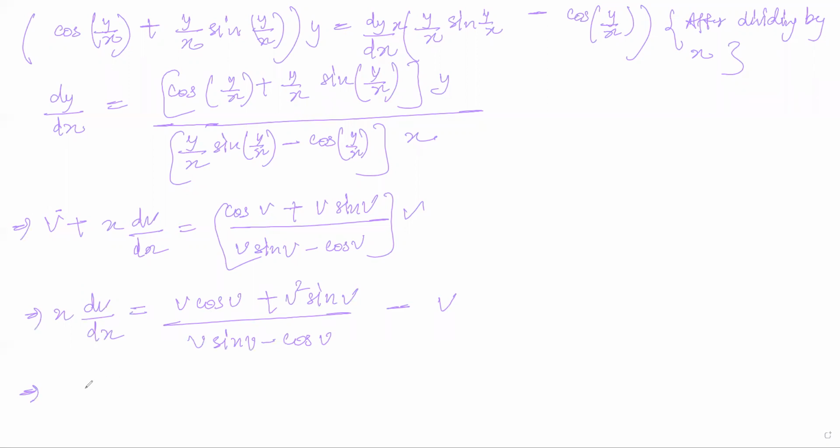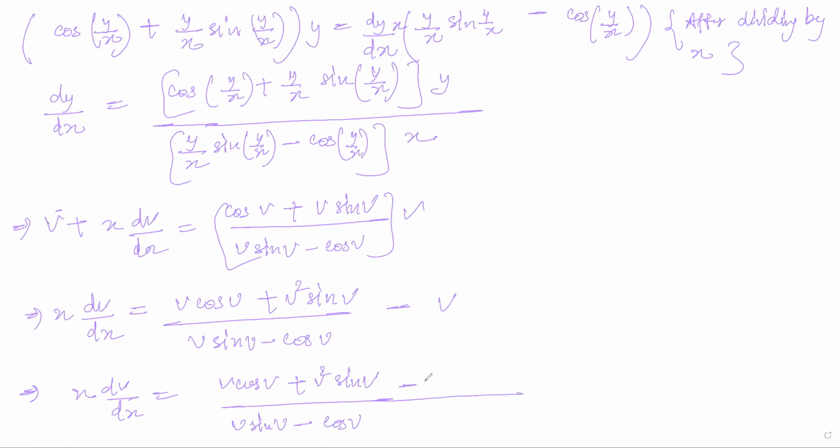Now this is x into dv by dx is equals to v cos v plus v square sine v divided by v sine v minus cos v.